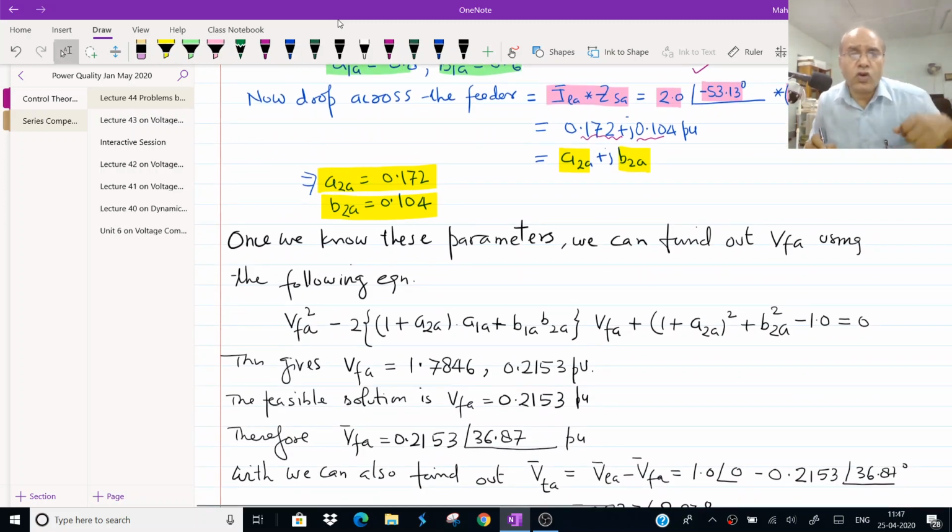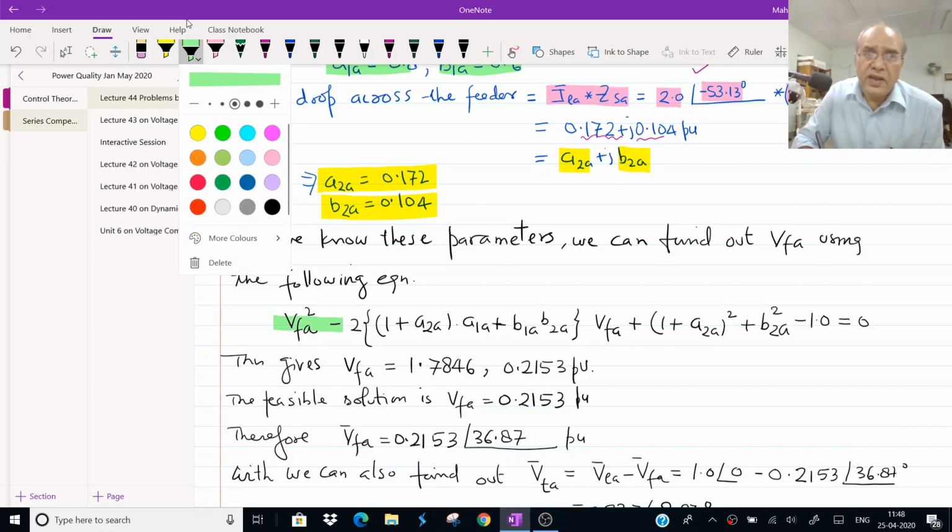We need to only solve the voltage equation, quadratic in BFA. Okay. So we substitute these values in this equation and we solve for BFA RMS magnitude.